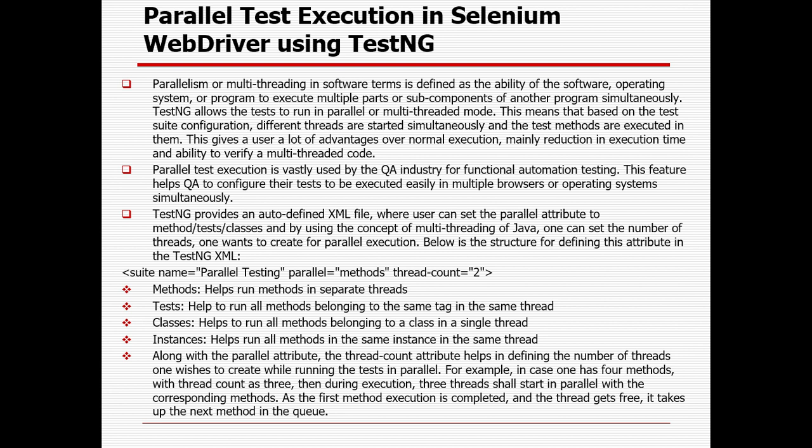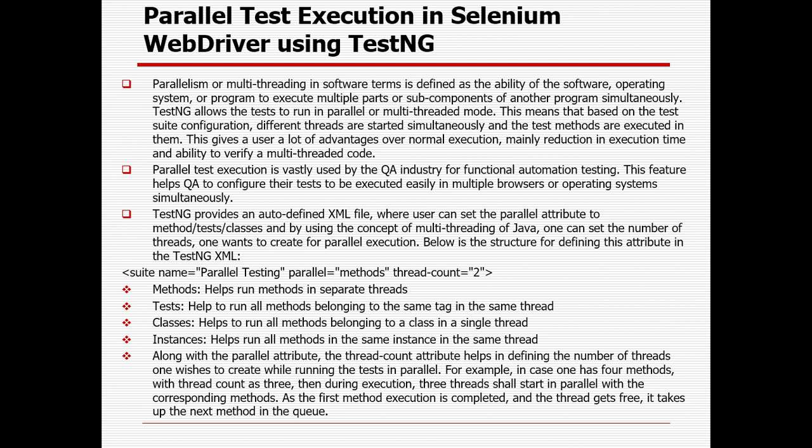TestNG allows tests to run in parallel or multi-threaded mode. This means that based on the test suite configuration, different threads are started simultaneously and the test methods are executed in them. This gives a user a lot of advantage over normal execution. Why? Because it reduces the execution time and gives the ability to verify multi-threaded code.